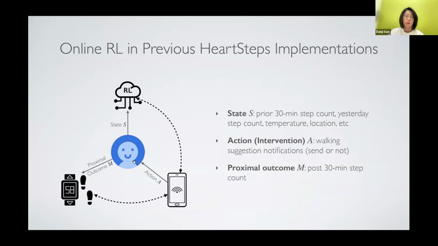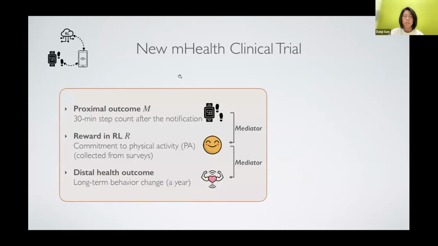The user may or may not be receptive to the intervention in the current state, and such signal is reflected in the proximal outcome defined as the post 30-minute step count. The new state, action, and proximal outcome will be given back to the RL algorithm to update the personalized policy. So in the previous implementations of HeartSteps, the reward used by the RL algorithm is just the short-term step count.